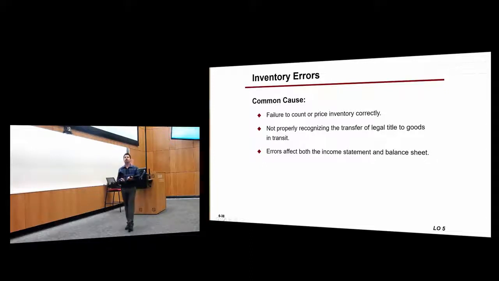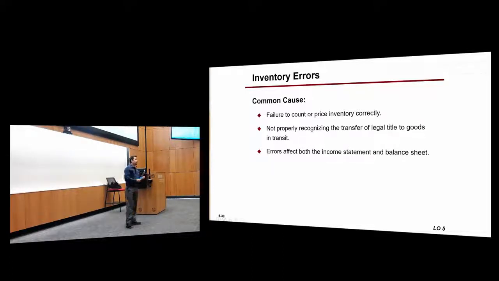On the other hand, the balance sheet will be affected through your inventory. And not just your inventory, something else will be affected on the balance sheet. What is that? Stockholders' equity. Remember that the information from net income, from the income statement, will go to retained earnings, right? And then from retained earnings, it will go to the balance sheet. So the effect will be carried over to the balance sheet, the stockholders' equity section.